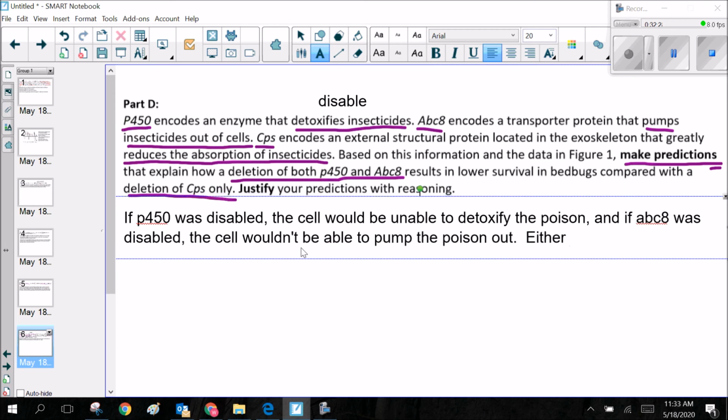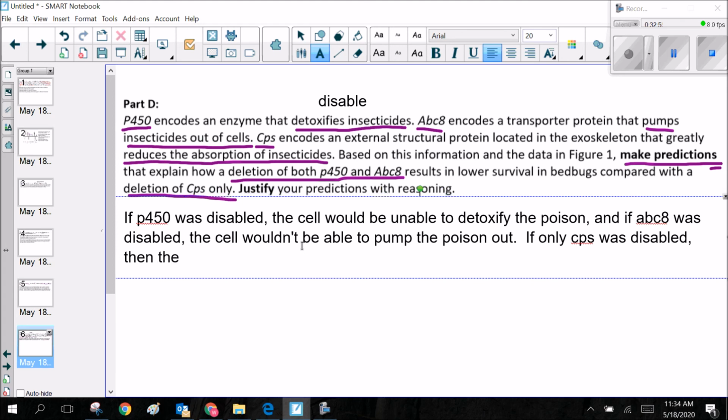Okay, so we've described that, the cell wouldn't be able to pump the poison out. Now, let's say if only CPS was disabled, then the cell would still be able to detoxify and pump out the poison.